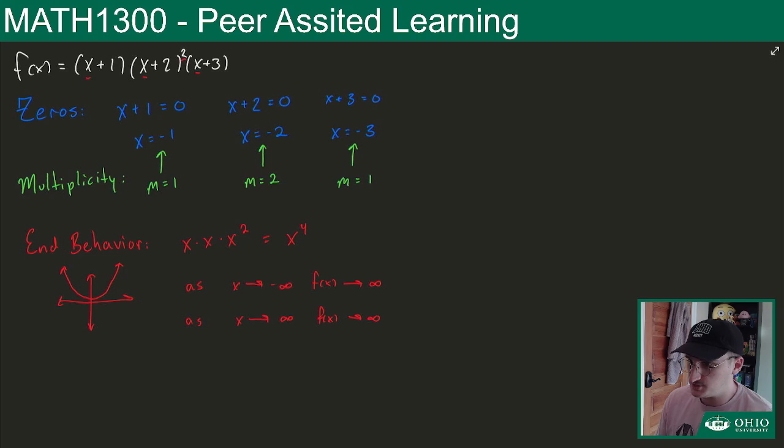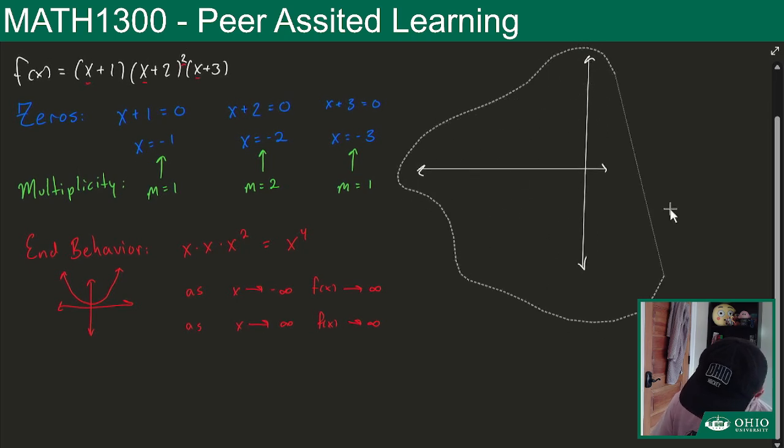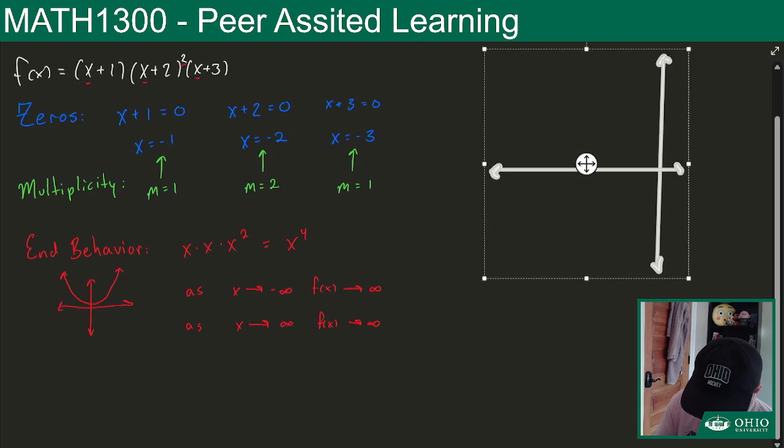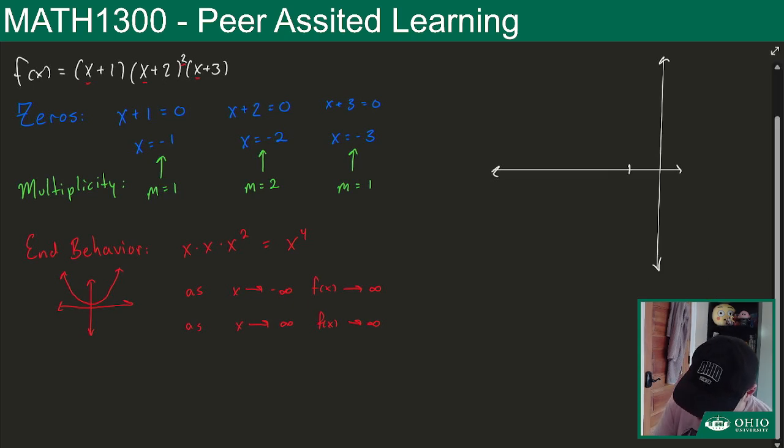So now we can actually go ahead and draw a graph. Let me put down some axes. I'm going to tend it towards the negative side just because we have more negative values than positive values here. So let me pull this over. Okay. And so what I can do first is mark down each of my zeros.